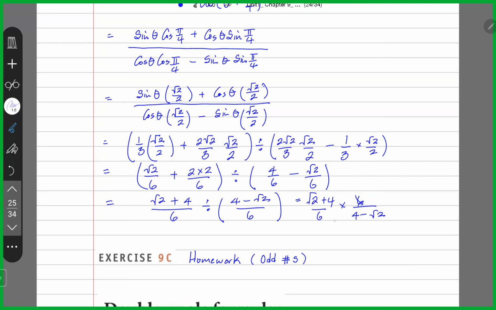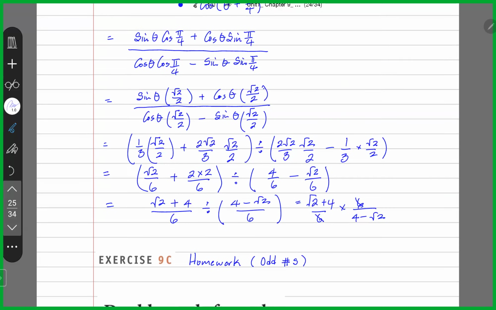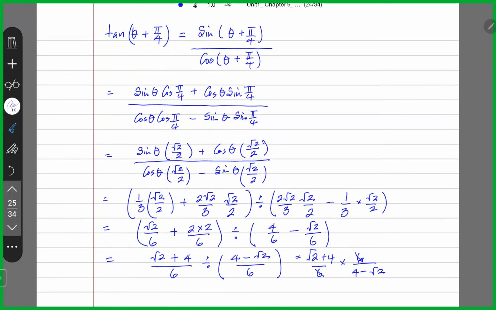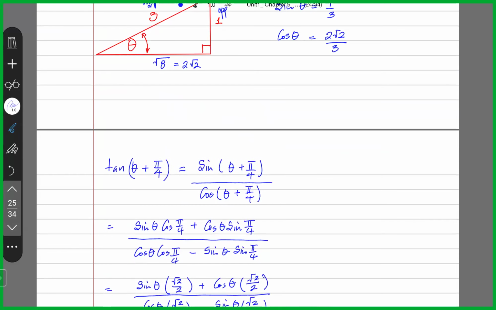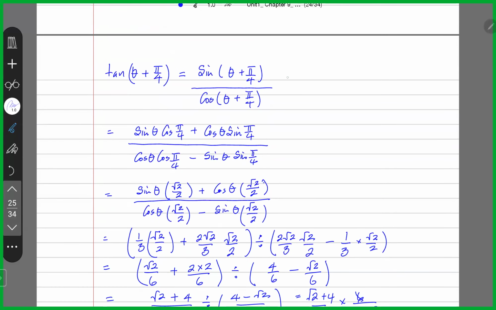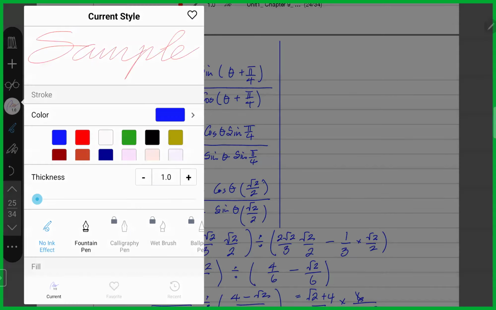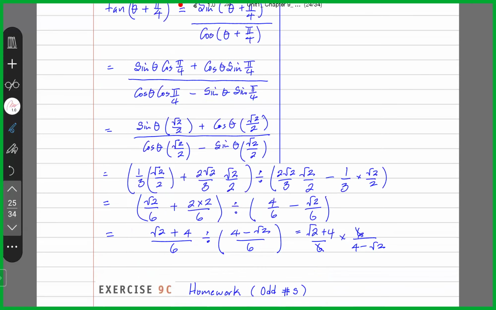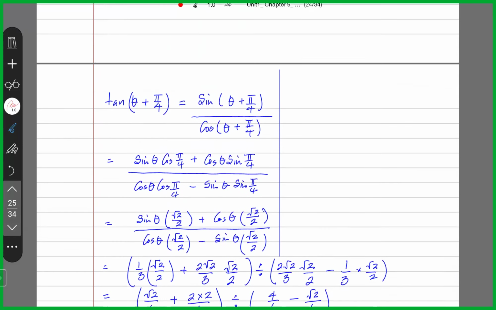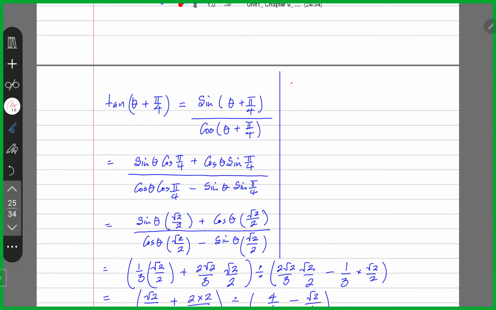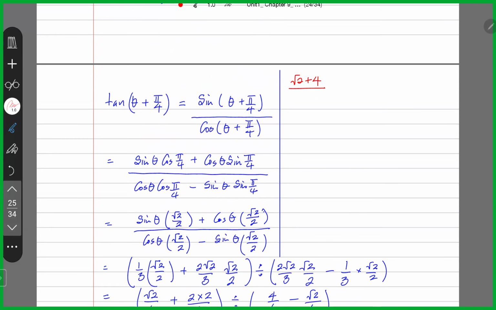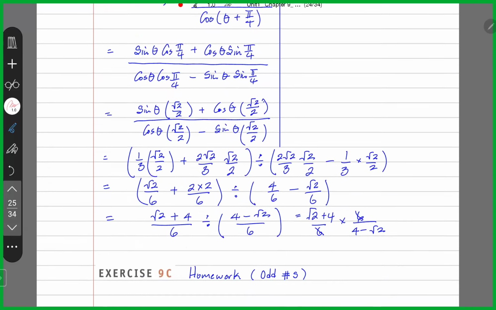So obviously the 6 is cancelled. I'm going to change the ink color as well. So now what I have is root 2 plus 4 over 4 minus root 2.